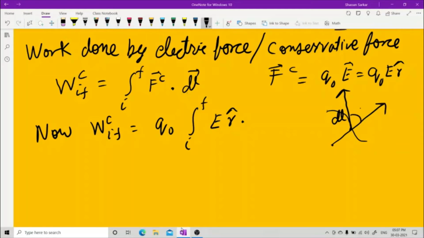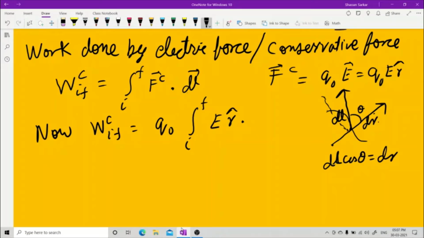This is theta, and this is dr. What is the component of dl along dr? Suppose this is the angle theta, and I make 90 degrees from here. The component of dl towards dr is dl cos theta, which is nothing but dr. This is the point to note. So dr is dl cos theta.